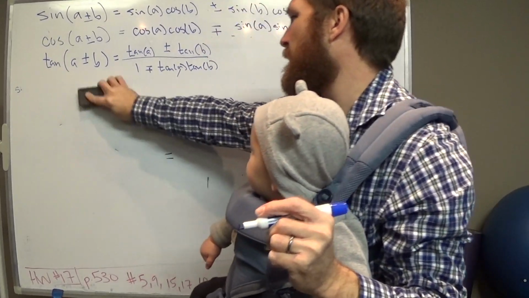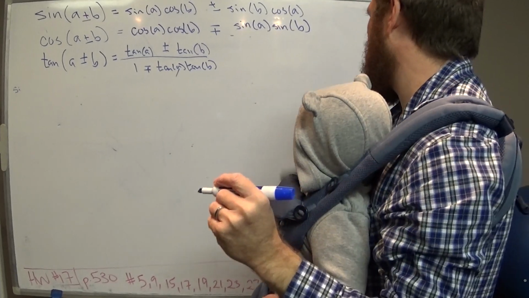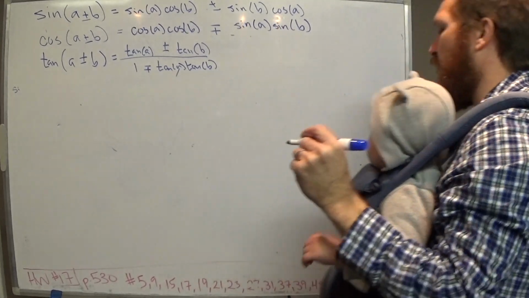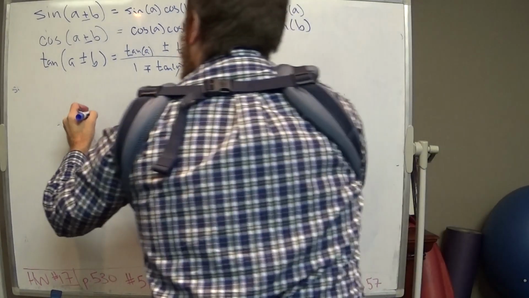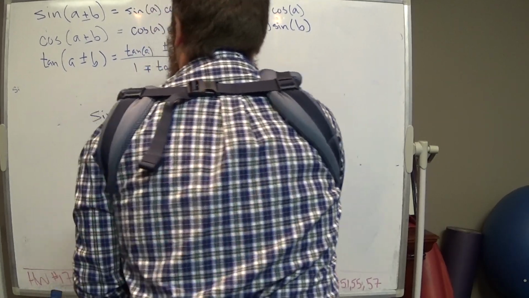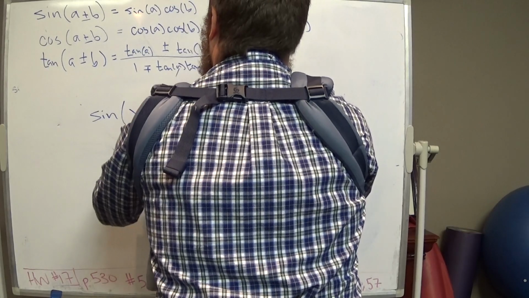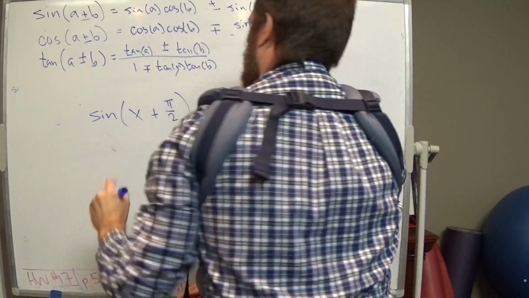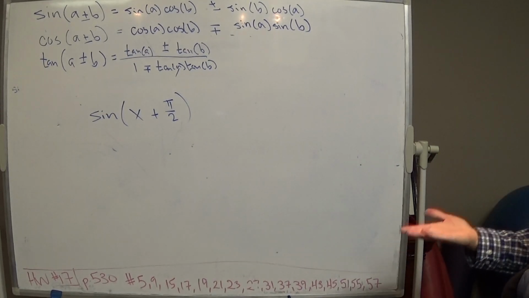Okay, now, before we go on, let's think about this graph. Let's look at the graph of sine of x plus pi over 2. That's the same as sine x, but what has happened to it?